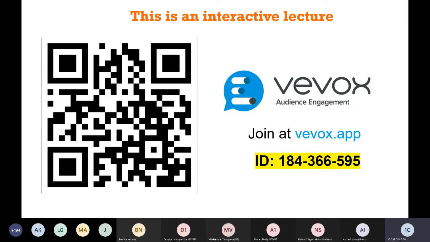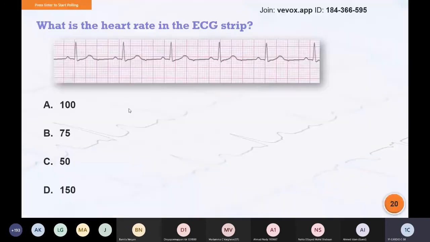If you do this, you will be able to find the question and answer the MCQ without any problem. And be sure that your name will not be shown, so don't be shy. Just give a trial, give a shot, no problem. We are here to learn the ECG. So that's my first question.